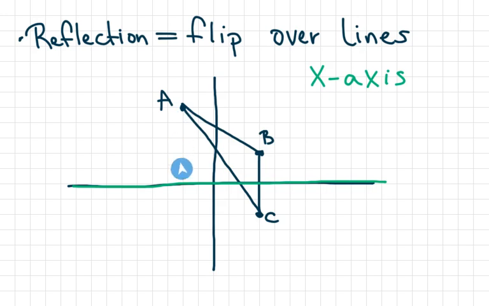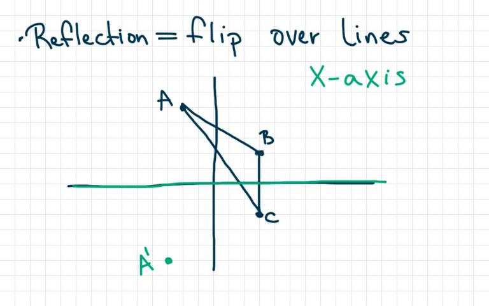So A is 5 units away from the axis, so I need to go 5 units in the other direction. So my A prime is going to be 5 units below the x-axis. For my B prime, B is 2 units above, so I need to go 2 units below.